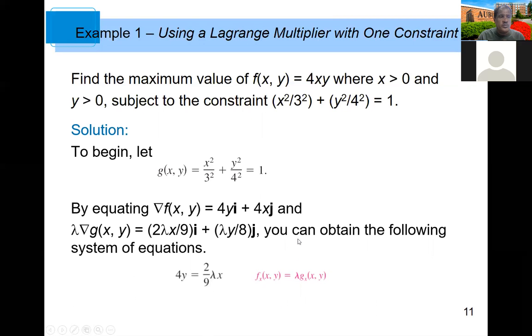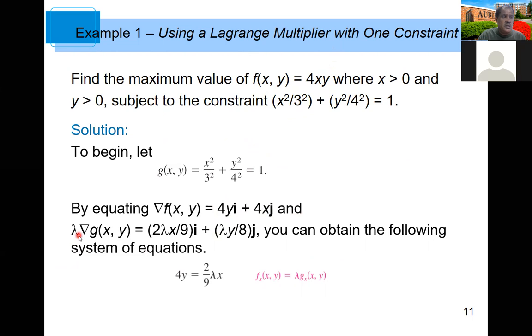Then what do you do? Use this equation, del of f of x,y. Del of f of x,y is fx times i plus fy times j. What's fx? fx is the derivative of this with respect to x. It is 4y, 4y times i plus fy, the derivative of f with respect to y, is 4x times j.